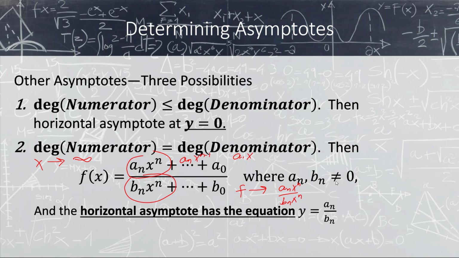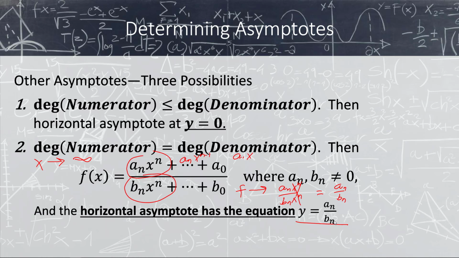I mean, we'll still have these other values, but they'll be so small they'll be of little significance. As a consequence, these will cancel, and this will approach a sub n over b sub n, which is actually why we have our horizontal asymptote here.